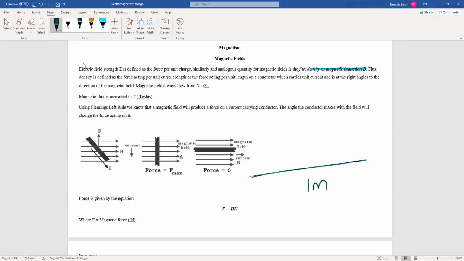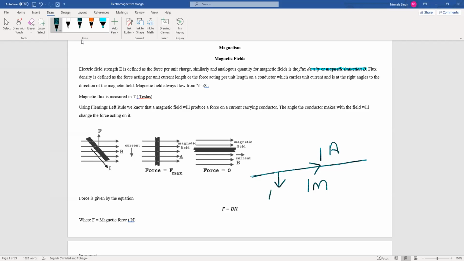All right. Magnetic flux density is simply when one length of wire carries 1 amp of current and exerts a force of 1 Newton. So, when a current carrying conductor is in a magnetic field, it's going to experience a force.